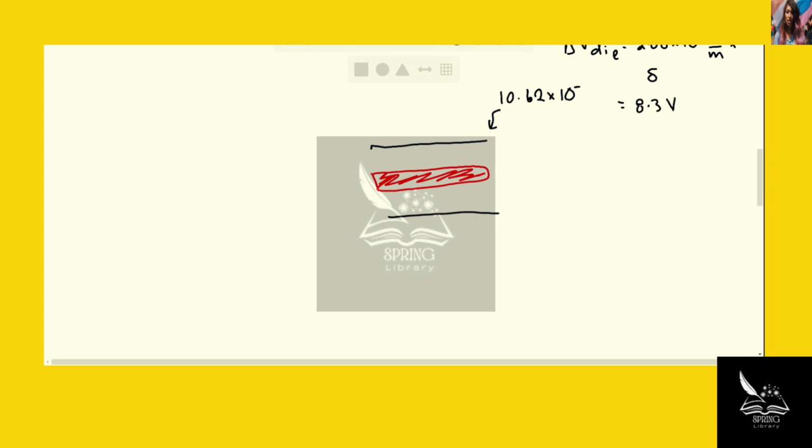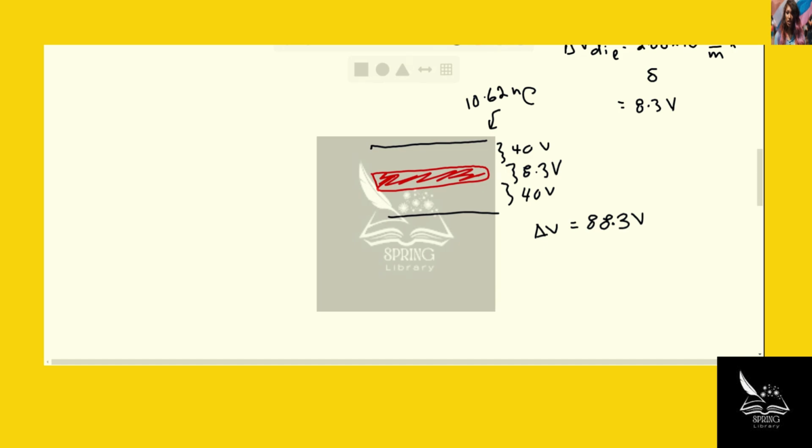And we know there's 40 volts potential difference in each of the gaps and 8.3 volts across the insulator. So we now know that the total potential difference is 88.3 volts, more or less. Could be an error in the last sig fig.